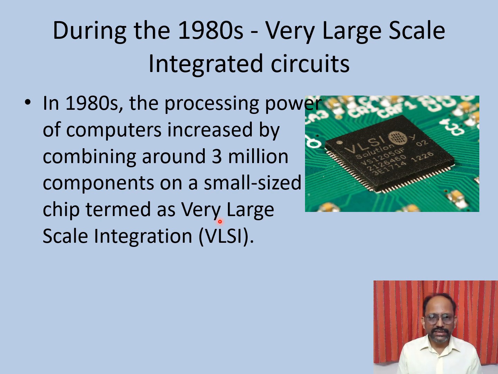The main difference is that the number of components present in each microprocessor increased as and when technological development took place. In LSI, we find fewer electronic components than in VLSI. That means more components were present in a microprocessor and its size was not increased.